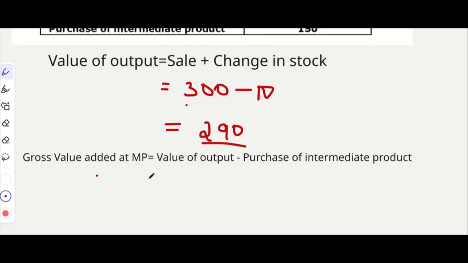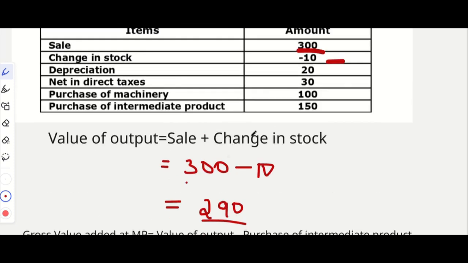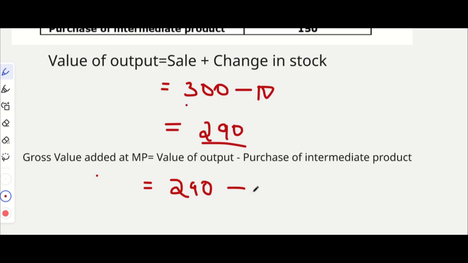That is 290, right? So let's substitute: 290 minus, what is the purchase of intermediate product? It's 150. 290 minus 150 will give you 140, right? Is it clear to you?